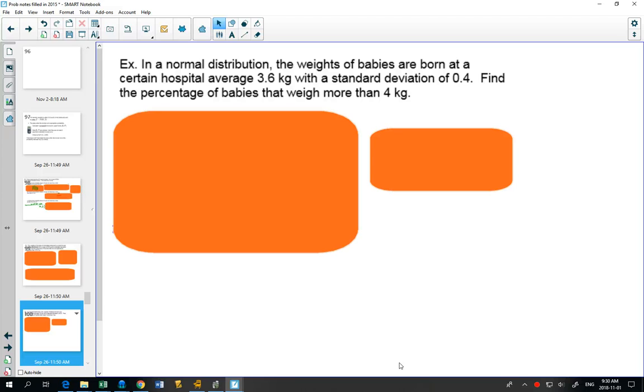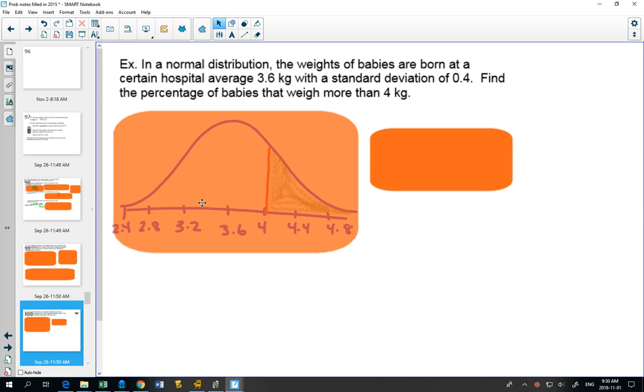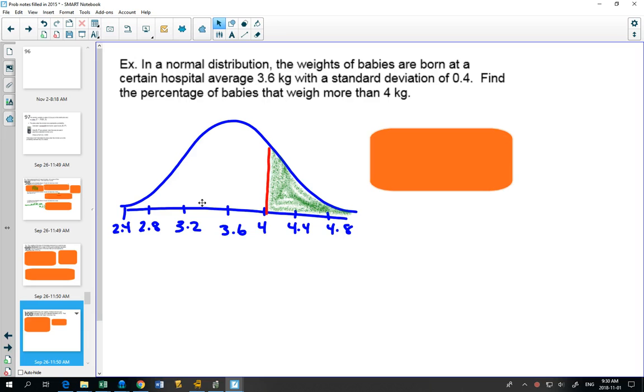What percentage of babies weigh more than 4 kilograms? Again, start by drawing your normal distribution. Quickly sketch it. Draw 3 standard deviations above, 3 standard deviations below. And before we calculate this, I want you to use the 68, 95, 99.7 rule and get an estimate for that area.